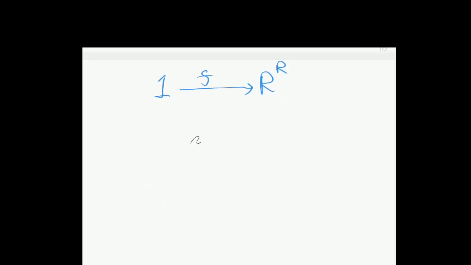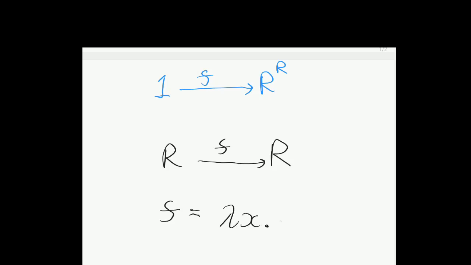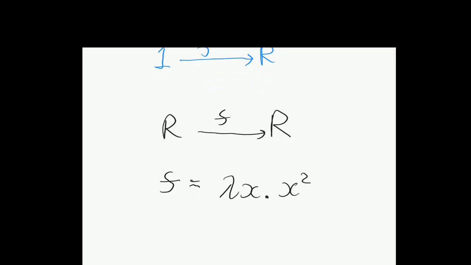So if we have this function f, now thinking of f as a function from R to R, we could write this function f, which just squares its input, as lambda x dot x squared. And so what does this notation mean?